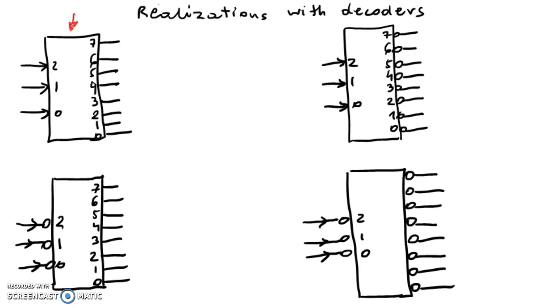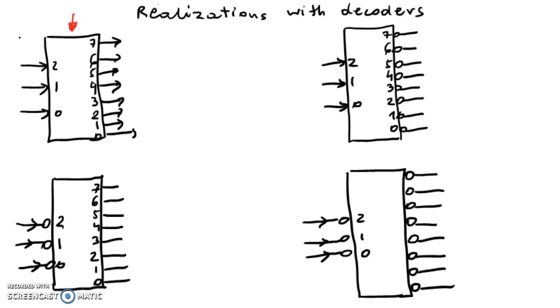It is the most common one, but there are also 3 other versions of this decoder having inverted outputs, having inverted inputs, or having both inverted inputs as well as inverted outputs. Let's start with this one, and let's recall that it is actually the min-term generator.